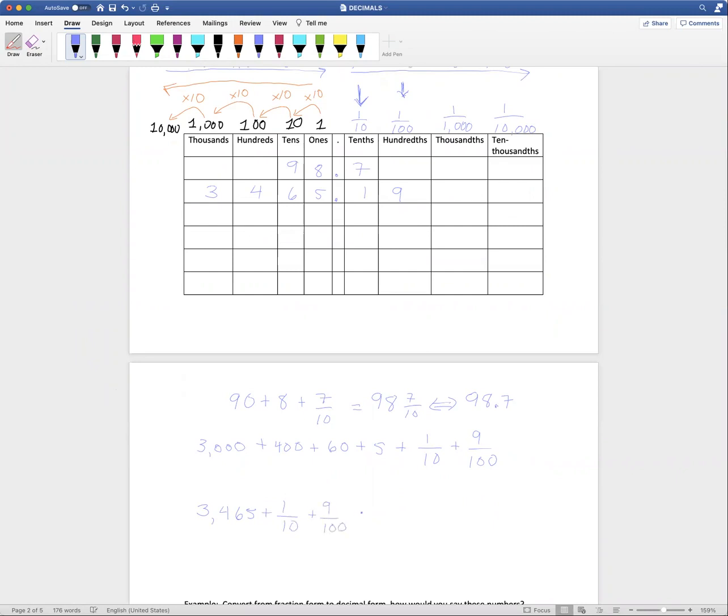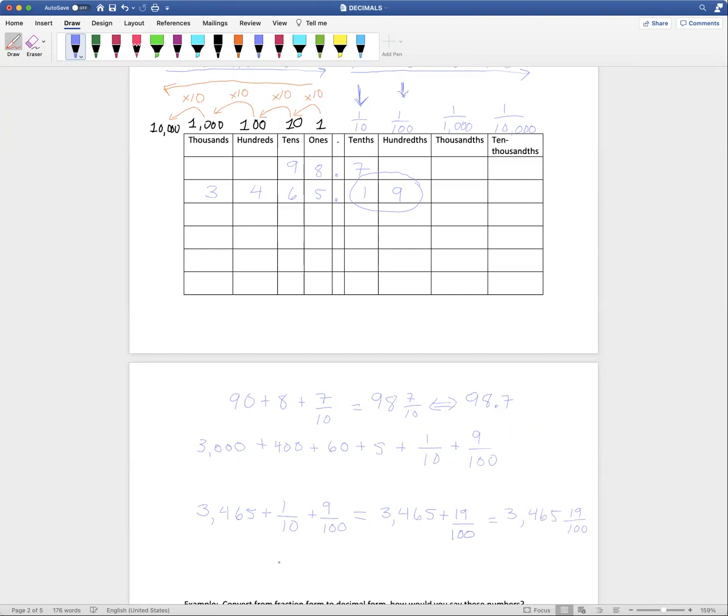But another way that we can write that is if you take a look at this whole number over here, you can either call it 1/10 and 9/100ths, but another way that you can call it is 19/100ths. So we could also call it 3,465 and 19/100ths. So what that looks like as a fraction would be 3,465 and 19/100ths.